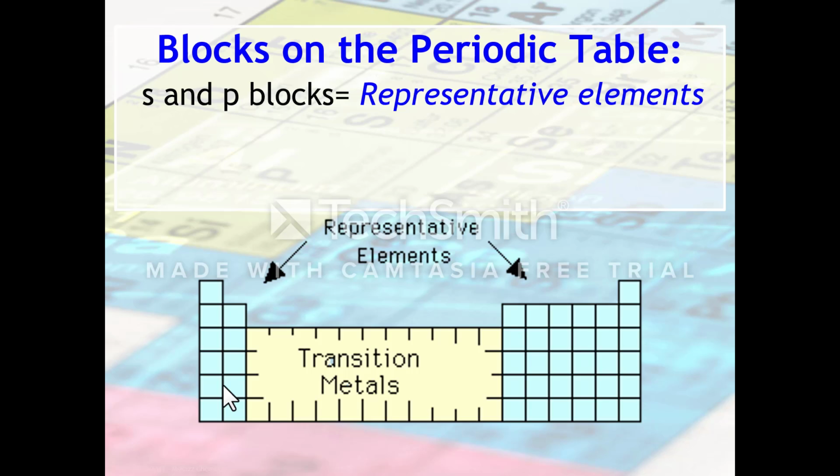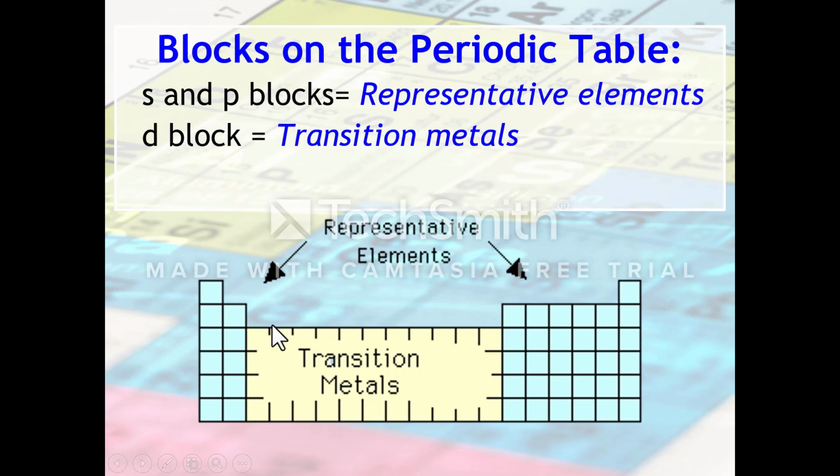So the S and P blocks, that's when we did our electron configurations. We had S and P. If the electron configuration ended in an S, it would be these elements here. And if our electron configuration ended in a P, it's going to be these elements here. And both of these are called representative elements.